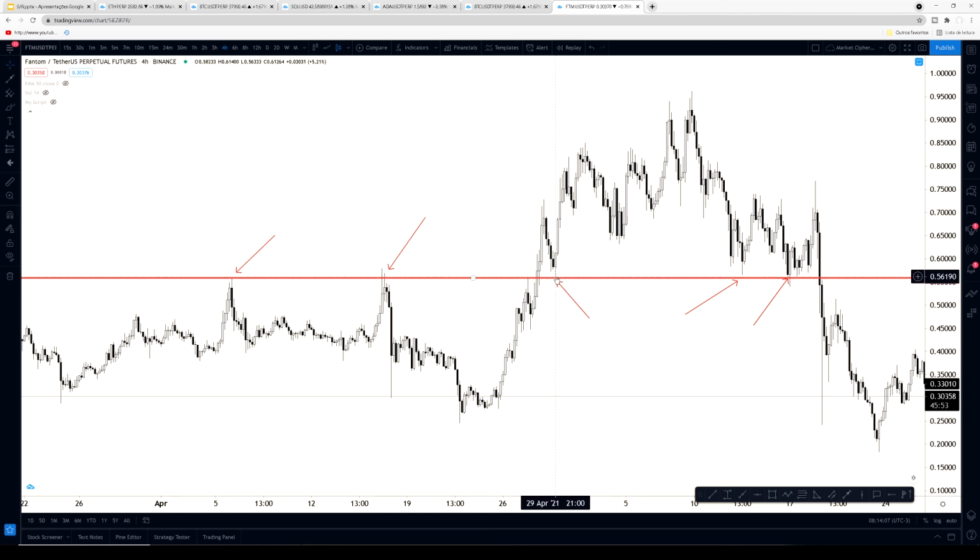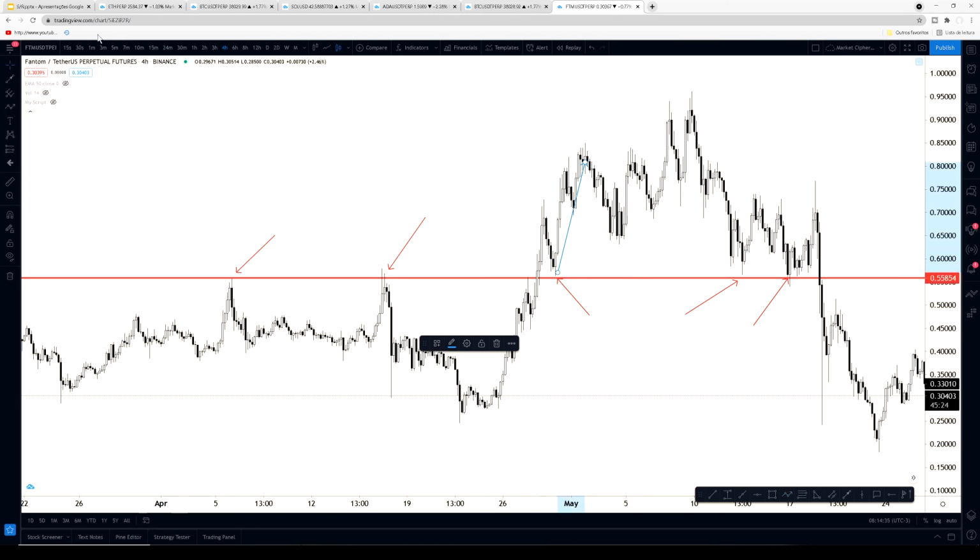So when this area gets tested again, it's a higher probability trade because it has never been tested before and it's fresh. So you put a long order right in this area right here, and as you guys can see, we just continue to the upside after that.